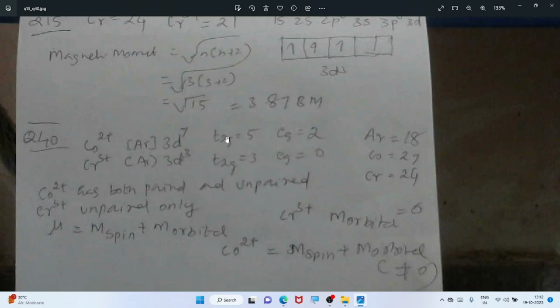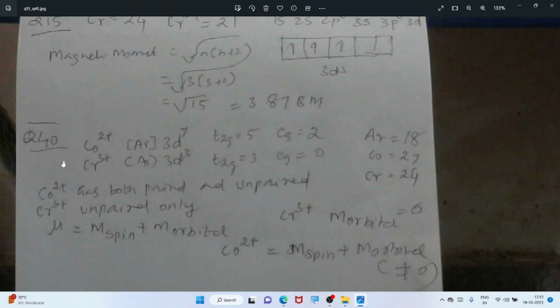This is based on the crystal field theory in the coordination compounds you read. So this is how the d electrons are split into t2g and eg, five electrons in t2g, two electrons in eg. So this has both unpaired as well as paired electrons, but this has only unpaired electrons. So the total magnetic moment is the sum of the spin and orbital magnetic moments.